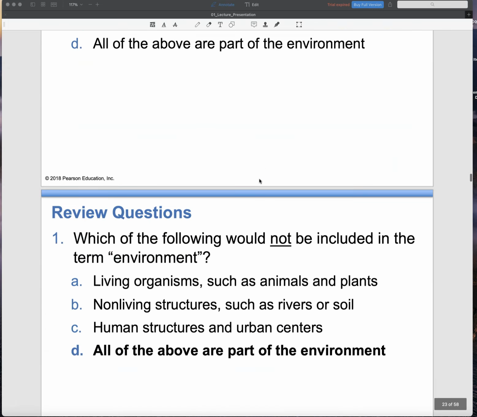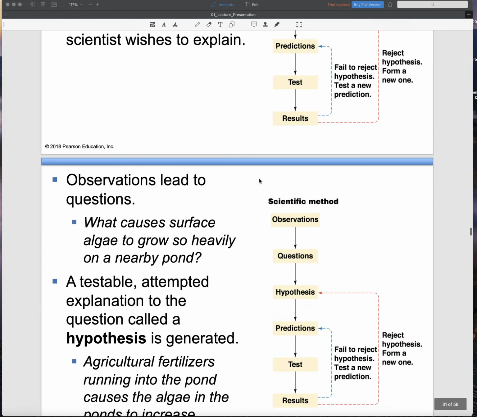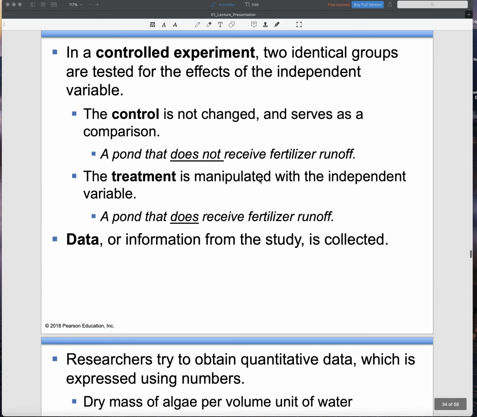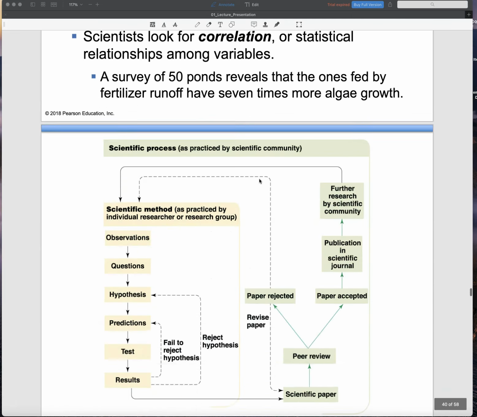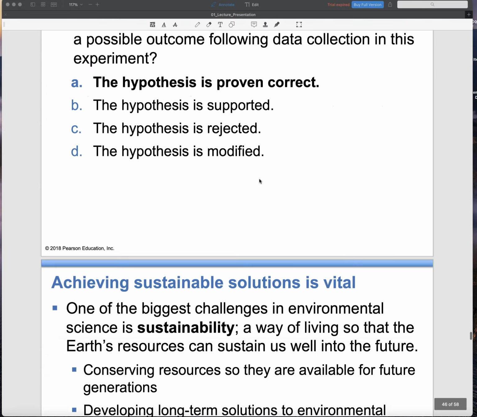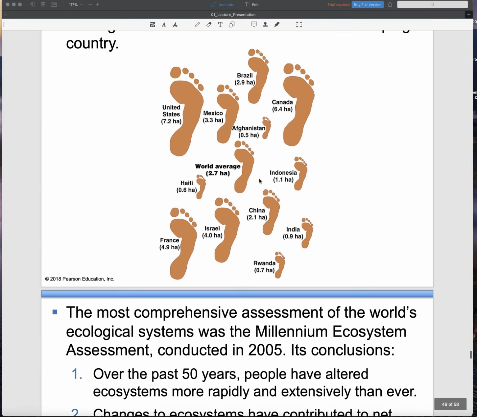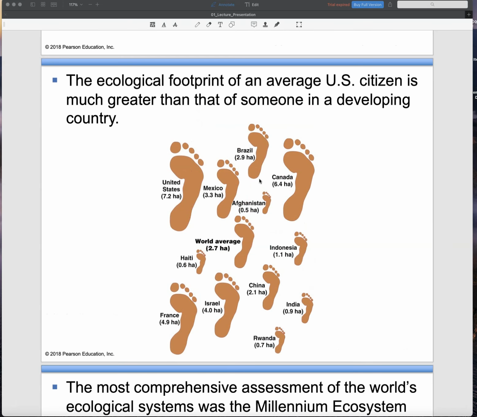This is the slide that you are going to see later on in this lecture. Let me see if I find that one. Okay, let me see. It should be somewhere around here. This one here. Okay, you're going to see this in the questions or exercise that you're going to practice in Mastering Environmental Science.